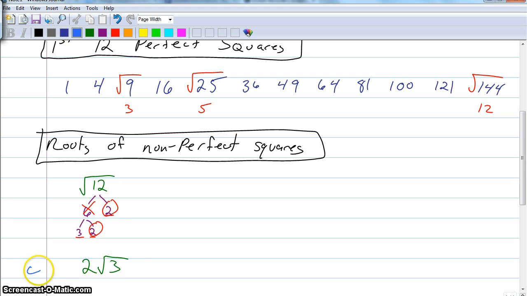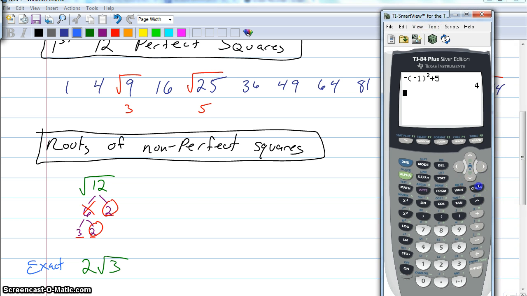So the square root of 12 is the same thing as 2 root 3. Now, this is the exact answer. The exact answer is 2 times the square root of 3. Bust out your calculator real quick. The square root is right there. Now, if I do the square root of 12, we didn't get 2 root 3.